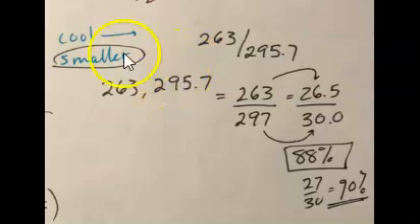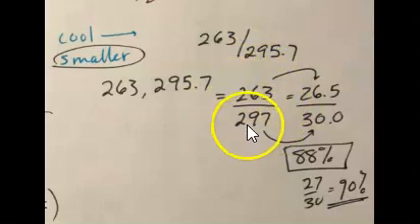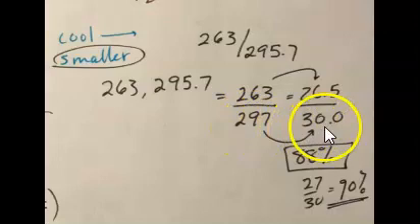Well, if we know it's going to get smaller because of the temperatures, all you have to do is take a ratio of those two temperatures, 263 over 295. And you can estimate, right? So I could take 263 over 297. What if I called this, instead of 300, let's just call it 30. We'll keep it simple, right?